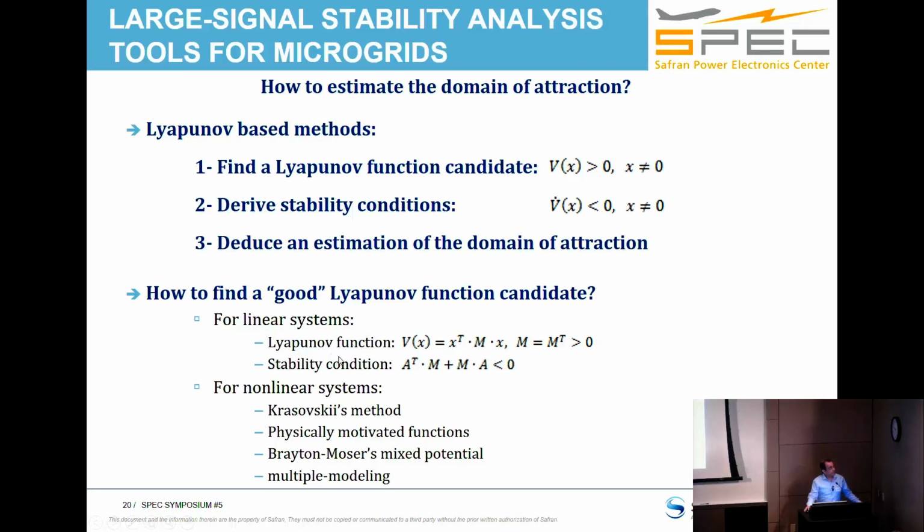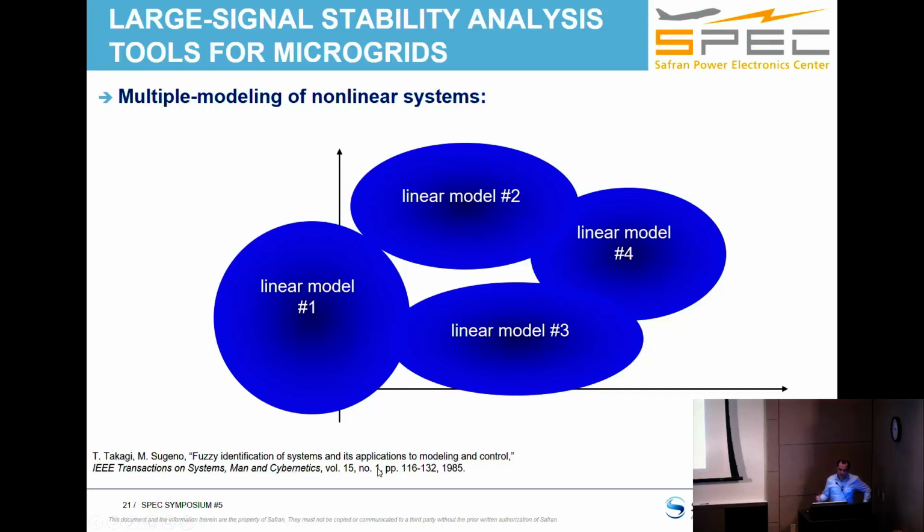For a linear system, it's very easy. For nonlinear system, it gets a little bit more difficult. We have several techniques here. As I don't have enough time, I go just to the last one, multiple modeling. What is the multiple modeling of nonlinear systems? That means that under some conditions, nonlinear systems could behave as a linear system if you are in a restricted area of the state space.